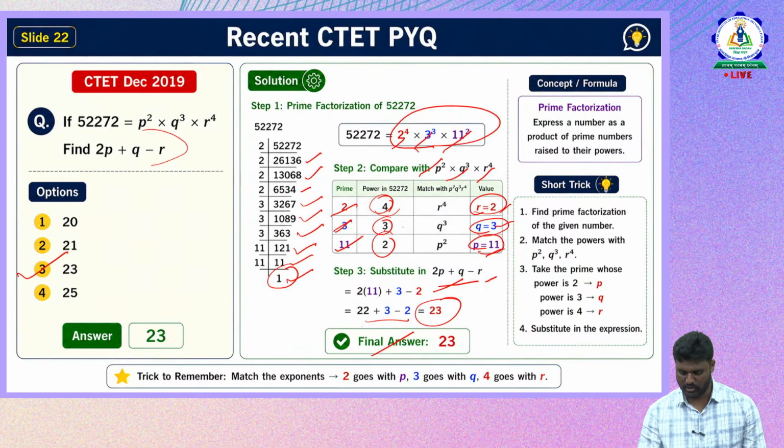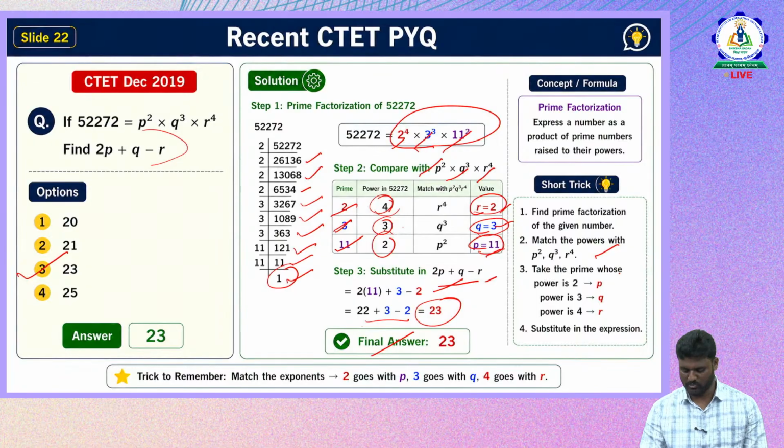So what we are trying to do here is express the given number in its prime factorization, the product of prime numbers raised to their powers, and then match the powers with the given expression p square plus q cubed plus r to the power of 4.